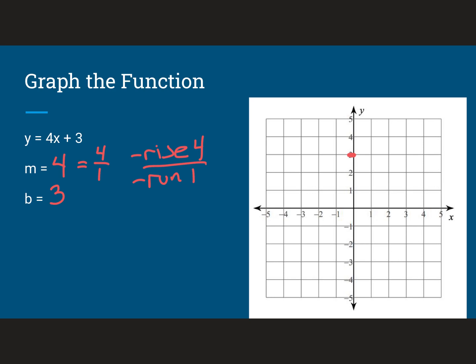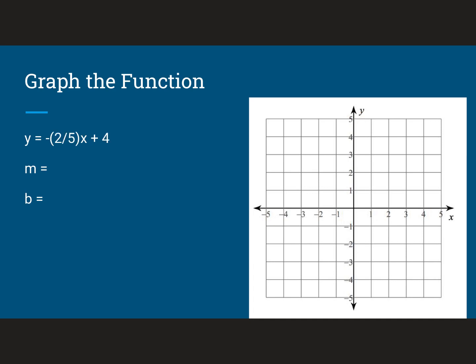So there's my point. And you can see if I connect those, I'm going to have a positive slope. So I'm going to connect those with a quick line. And again, put my arrows on either end of it. Not too hard.